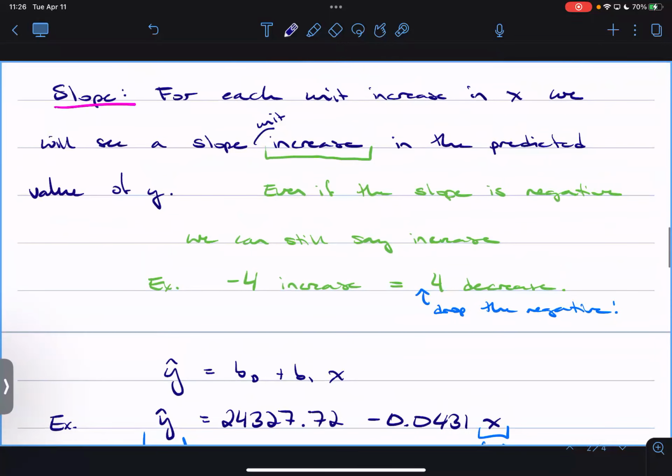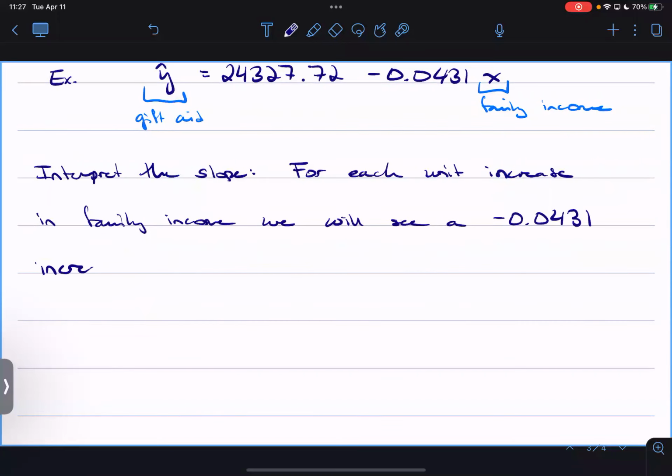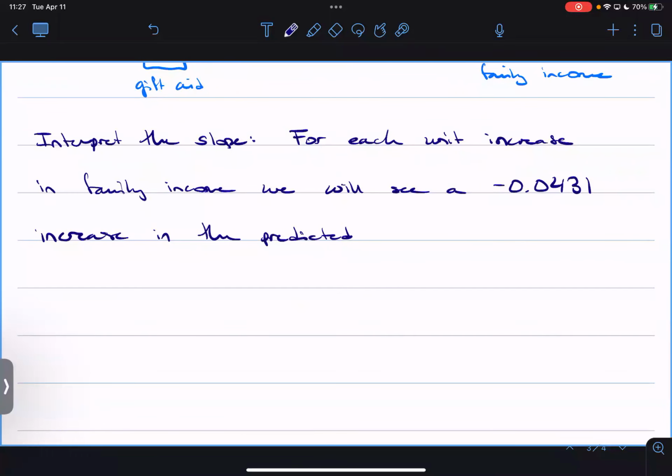we will see a negative 0.0431 unit increase, which if you're fancy, you can say a 0.0431 decrease, but I'm not. Increase in the predicted gift aid.